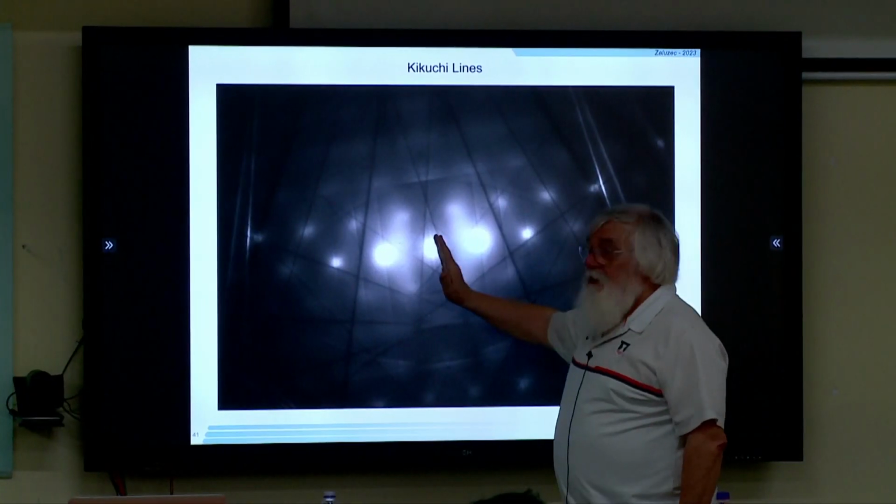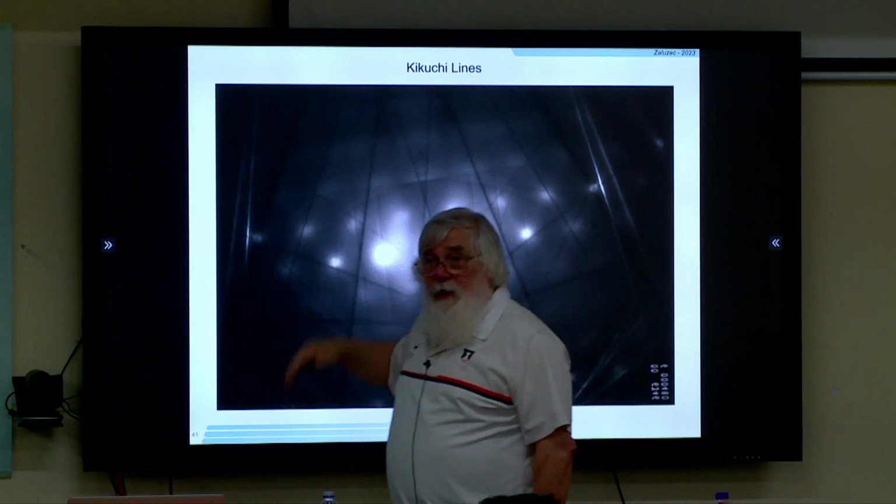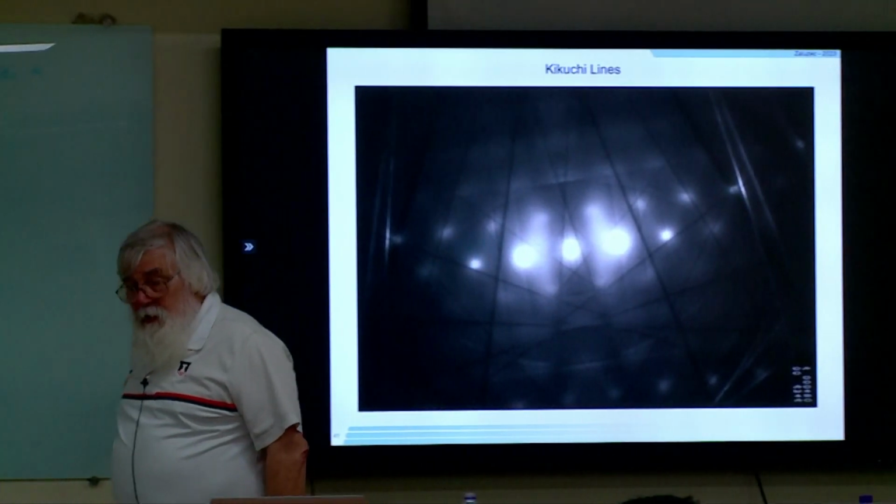Now, in addition to a regular array of spots, when your sample has a finite thickness, you will see what I call regular diffuse scattering, and you will see a bevy of dark and bright lines going through your diffraction pattern.